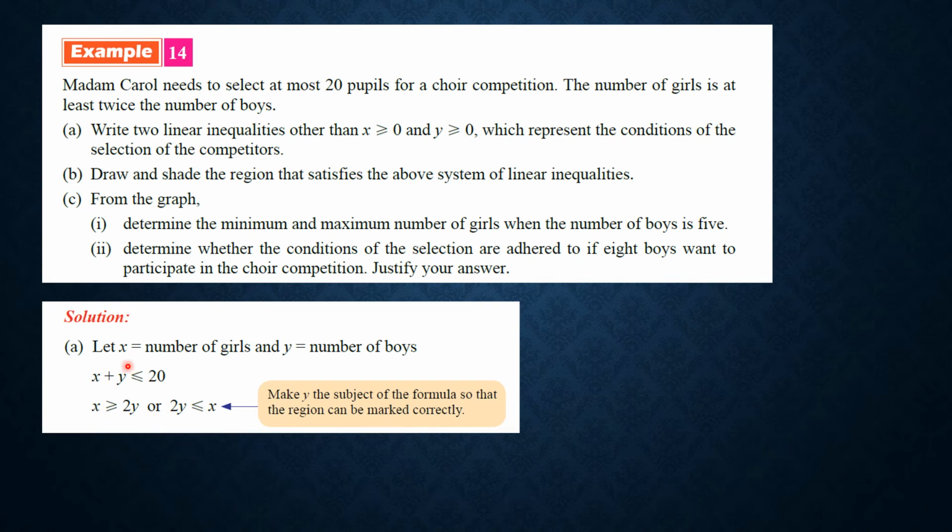So girls is x, which should be at least twice, that means greater than or equal to 2 times the boys. So x should be greater than or equal to 2y, or you can write 2y less than or equal to x also. You want to make the inequality clear so that the region can be marked correctly.